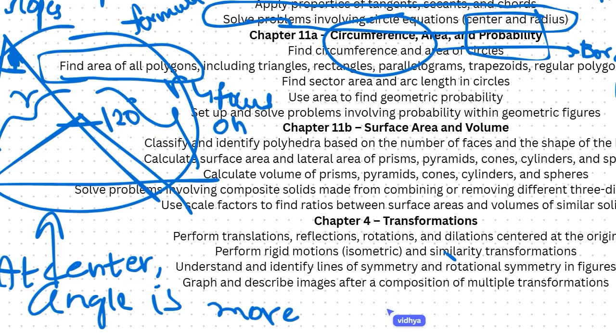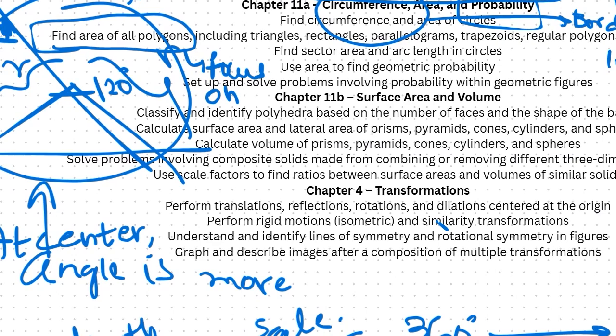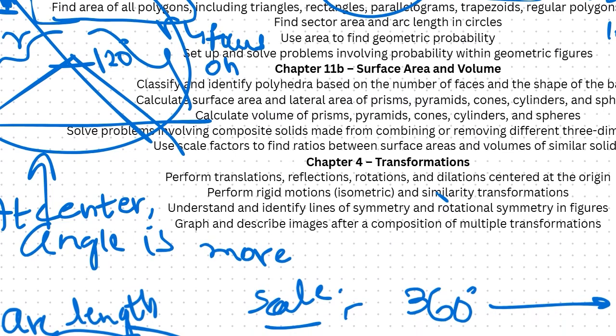11b. So surface area and volume notes are given. Volume of prism, pyramid, cones, cylinder, sphere, all are shared. Just remember the formula. Surface area and lateral area, the difference between them is also shared.